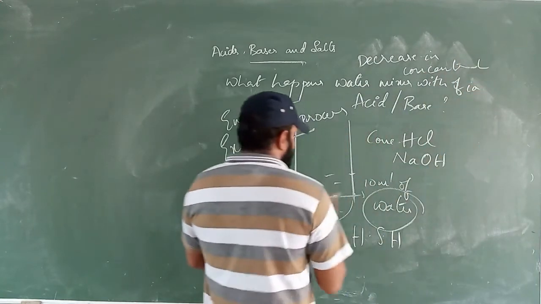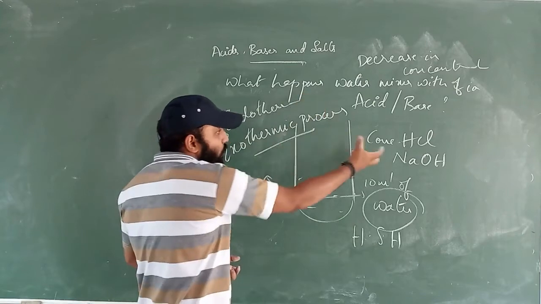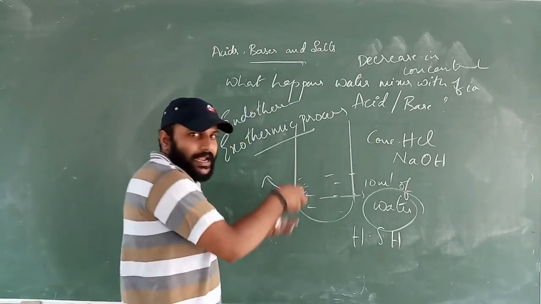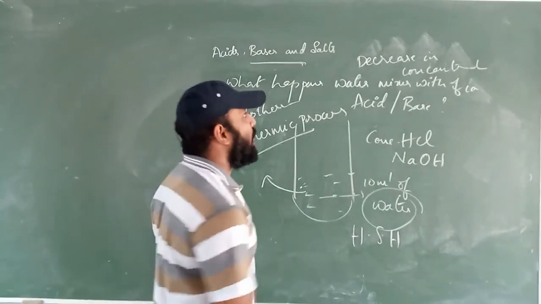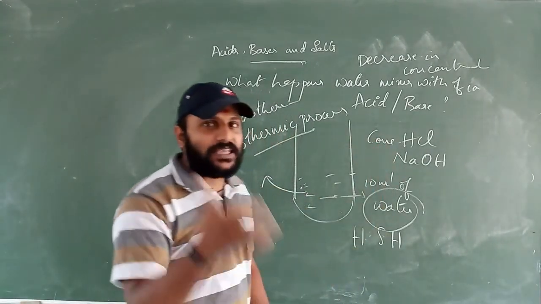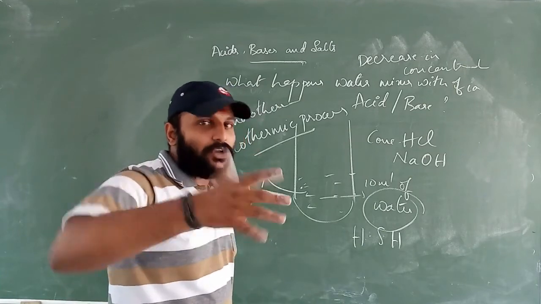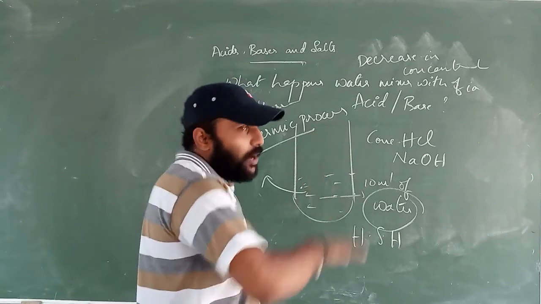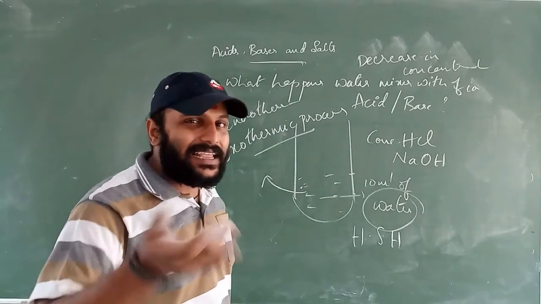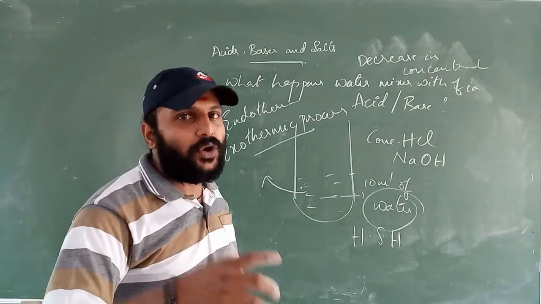When we add concentrated HCl liquid, it is entering into a large amount of water, so its H plus ion concentration is decreasing. So the process of mixing acid or base into the water leads to a decrease in ions, either H plus ions or OH minus ions.